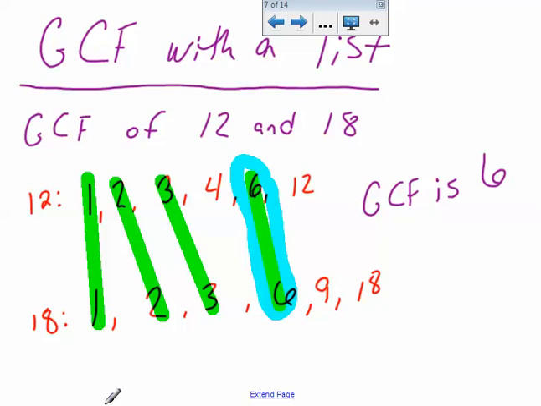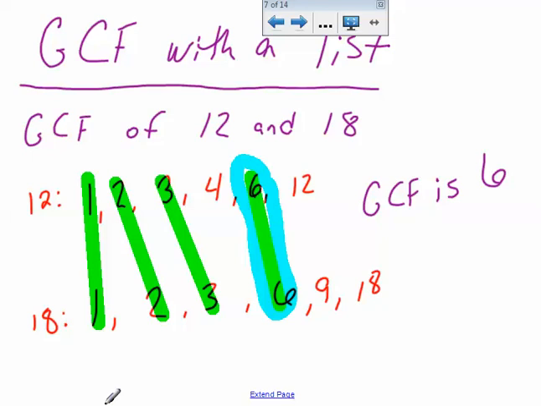If I was dividing up groups in classes, and I had one class of 12 and one class of 18, and I wanted groups of equal size, and I wanted them to be the biggest groups possible, I'd make them out of 6, because 6 will divide 12 and 6 will divide 18. You hear me repeating that over and over again, but a big part of this is making sure that you really understand what the GCF means. Not that you can just find a number, but that you understand what it says.